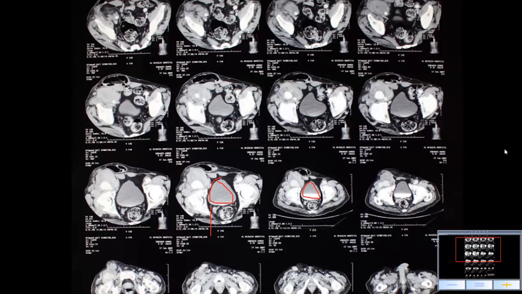Okay, these are axial CTs, and you may reconstruct them if you wish. These axial cuts show an aneurysm of the right femoral artery with extensive mural thrombus, but the artery is still patent.